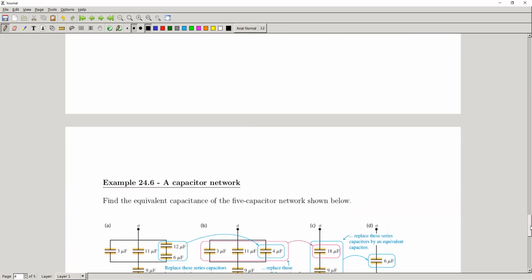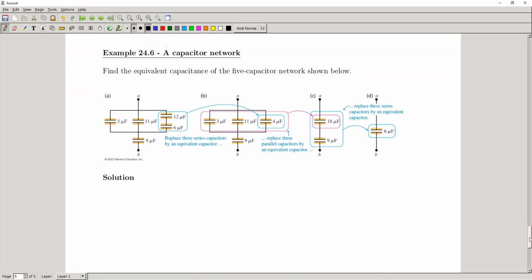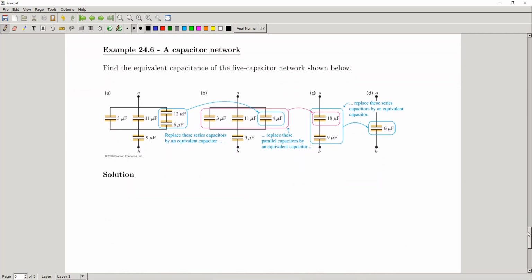Let's take a look at a second example here. We start off with this setup here. We have 1, 2, 3, 4, 5 capacitors set up in this collection of series and parallel, all connected up.